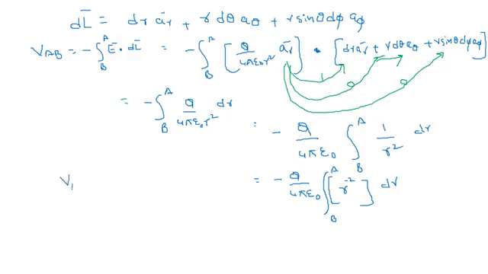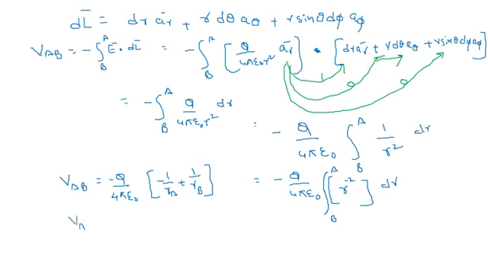So VAB will become minus q by 4 pi epsilon naught, 1 by RA plus 1 by RB. After substituting the upper limits and the lower limits, finally you will be getting this.